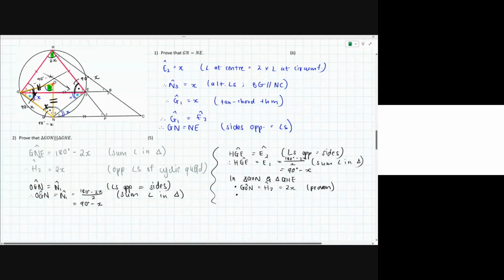We also know that angle N1 is equal to angle E1, because they're both equal to 90 minus x, because I've proven that.